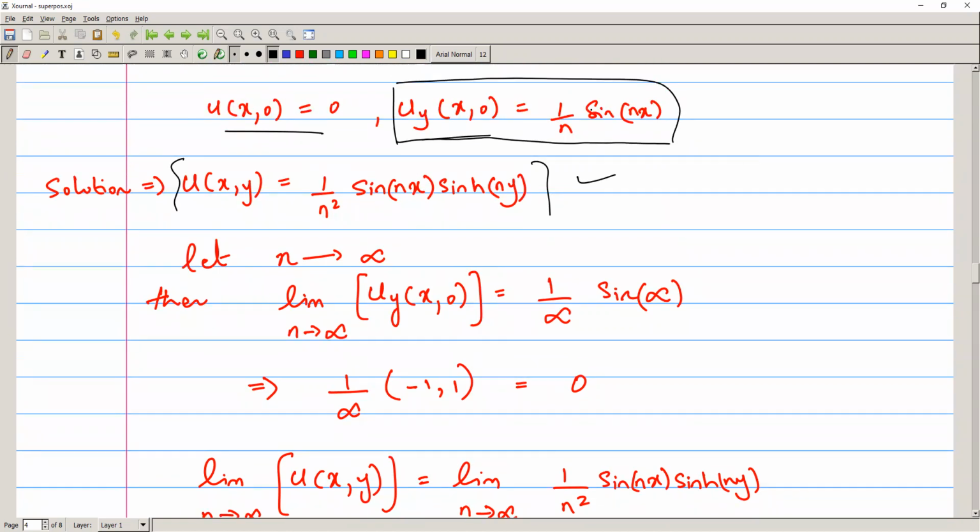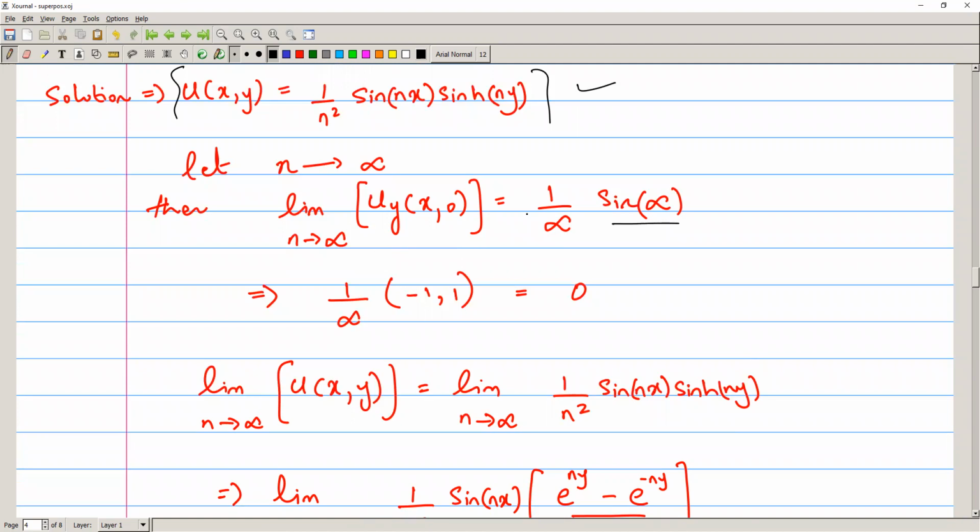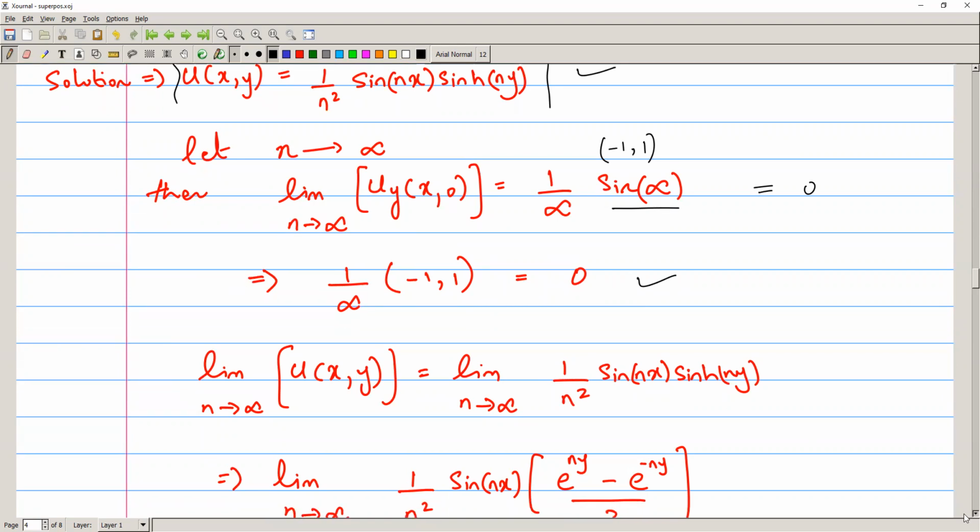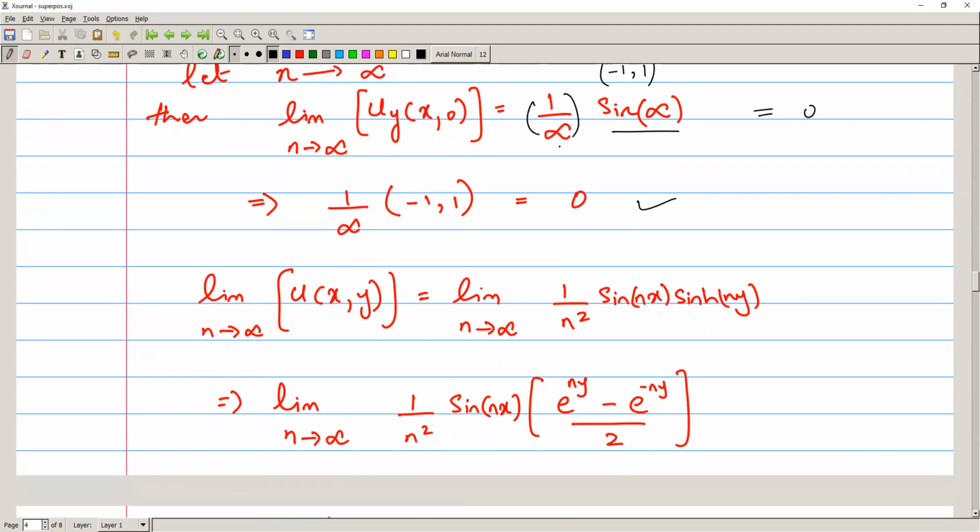We can see that the limit as n tends to infinity for the condition will be 1 over infinity times sine infinity. So 1 over infinity is 0. So this will be equal to 0, right? Because sine infinity will always assume a value between -1 and 1. We know that because sine is always between -1 and 1, whatever value you put for the angle. So then this will become 0. And 0 times any constant is 0, right?